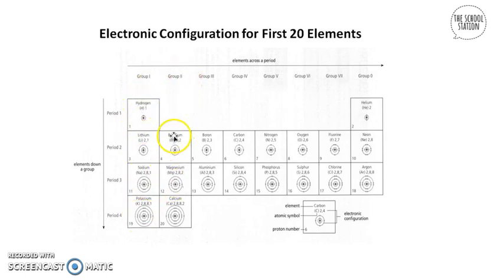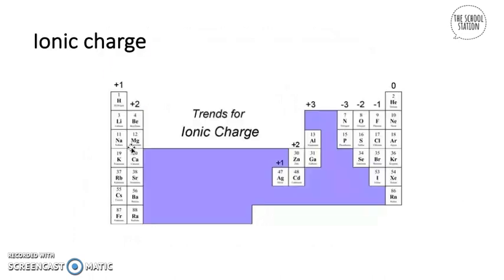For group 2, the atoms have 2 electrons in the outer shell. For group 3, there are 3 electrons in the outer shell. For group 4, there are 4 electrons in the outer shell. If we keep carrying on like this, we can see that the number of the group corresponds with the number of electrons in the outer shell.